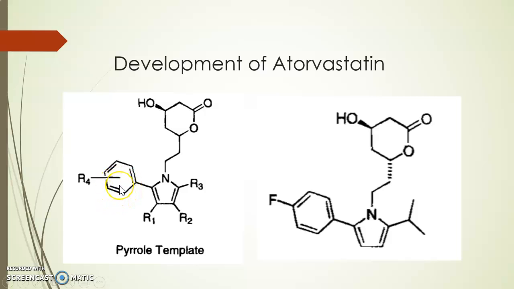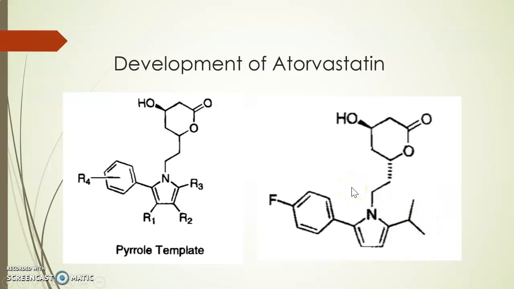They went through a lot of different functional groups that they put here and here, and they eventually found these two groups to have the best out of a tri-substituted pyrrole template. And so we have here our fluorophenyl group, which gives it the extra binding interaction there, and then the isopropyl group with its hydrophobic region.